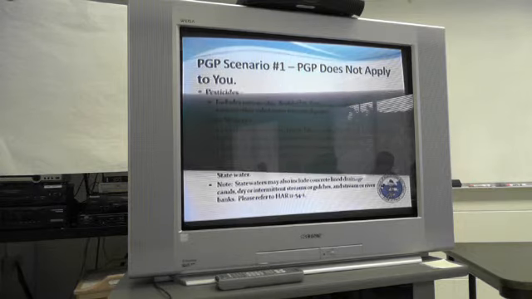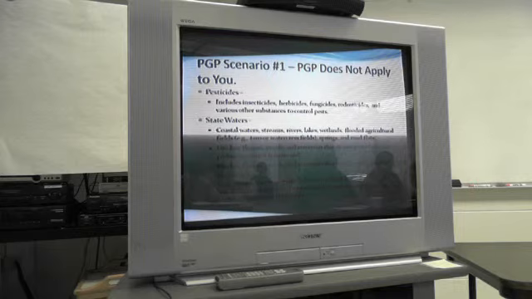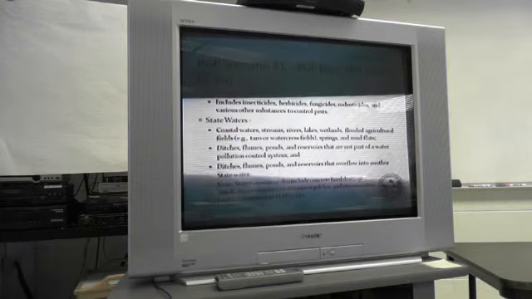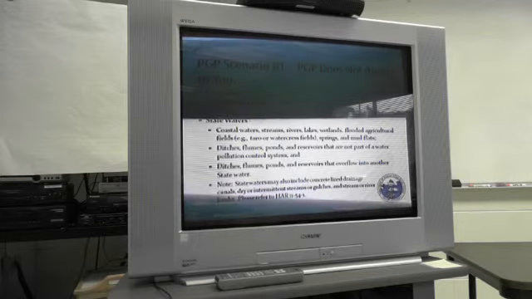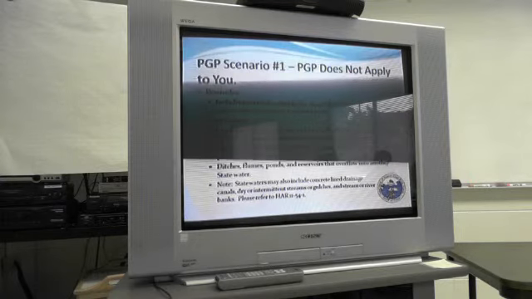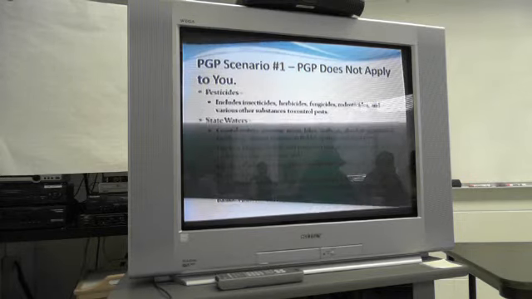Please note that state waters also may include concrete-lined drainage canals, dry or intermittent streams or gulches, and stream or river banks. For a full definition of state waters, please refer to HAR 11-54-1.